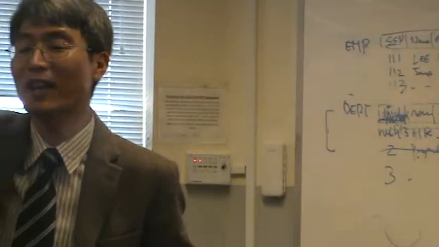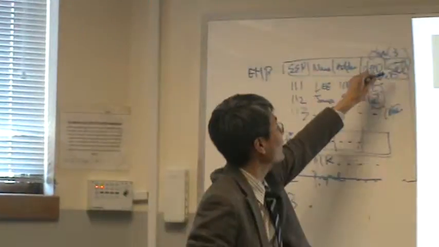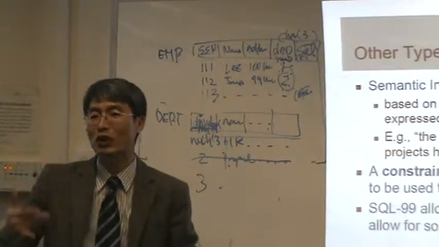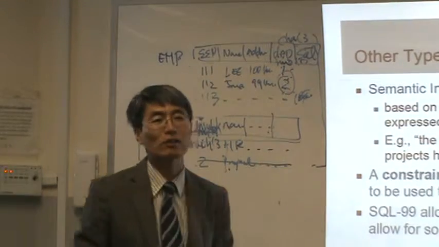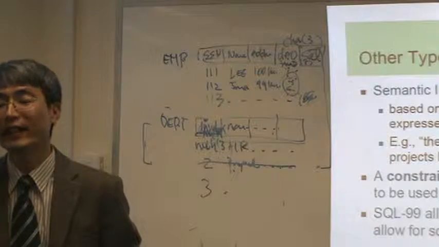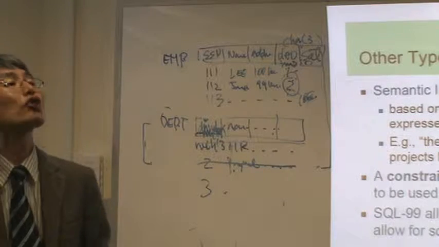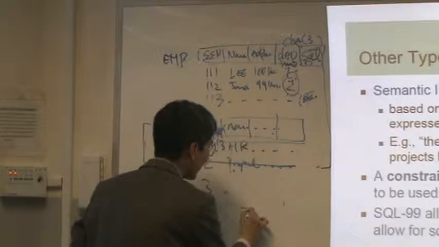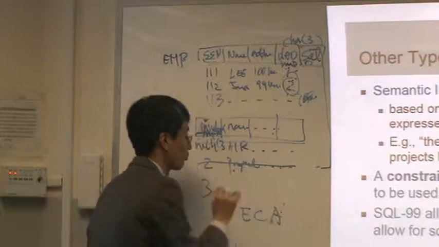The DBMS system keeps checking. Whenever this salary is updated or inserted, check whether the value is bigger than Professor Lee's salary. In case it is higher, then do something. That is based on the ECA rule.